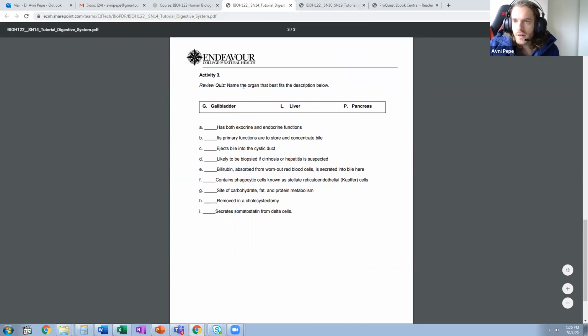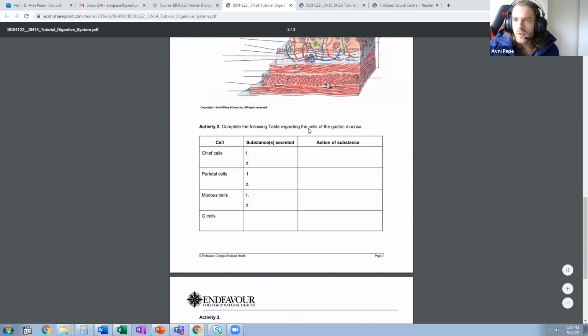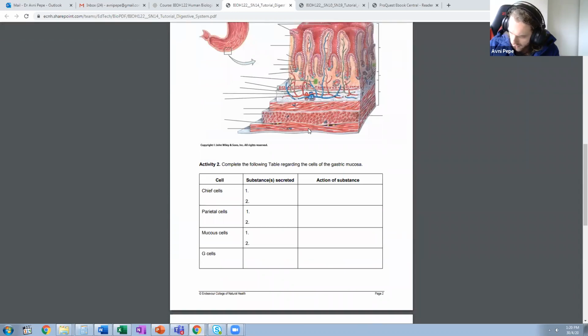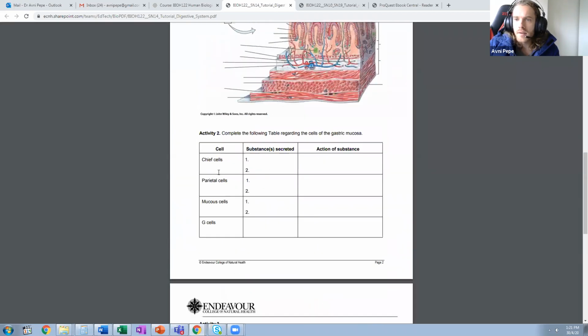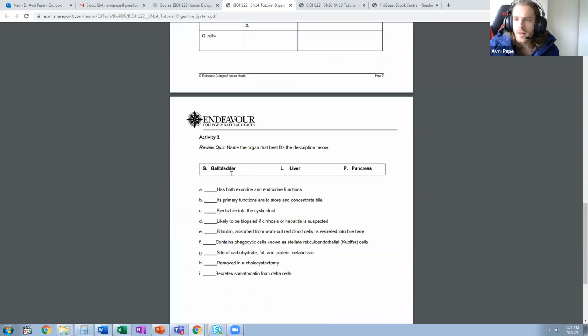All right, activity 3, name the organ that best fits the description below. So now what we're doing, let me just make sure I've covered everything that I wanted to cover in relation to that. Yep, good, okay. So this last part here, we're moving on from the cells of the stomach, and we're now looking at some of the accessory organs, the organs that aid the gastrointestinal system in doing its job.